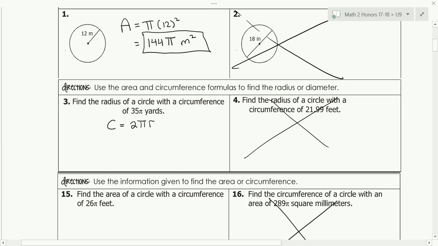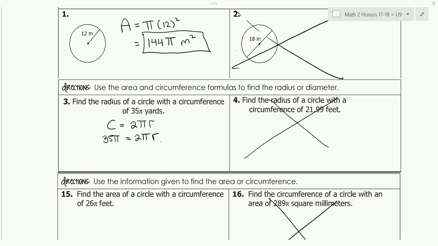So the circumference is 2 times pi times r. So if I put 35 pi in place of the circumference, I get 35 pi equals 2 pi times r. And then that can help us find the radius. That's actually what we want to find, the radius, right? And so what would you do to solve for that radius?